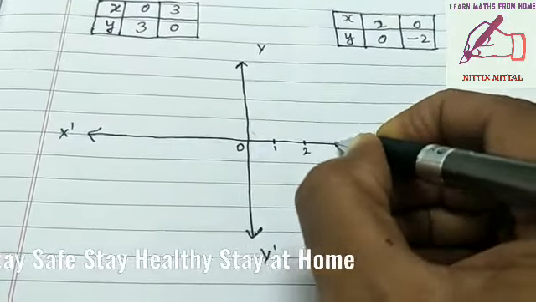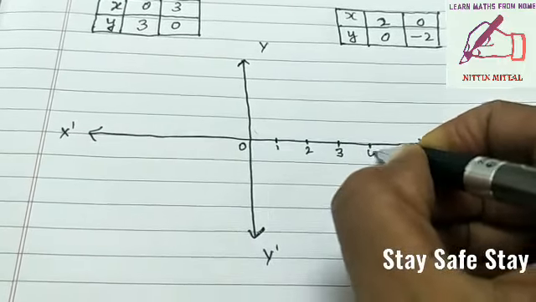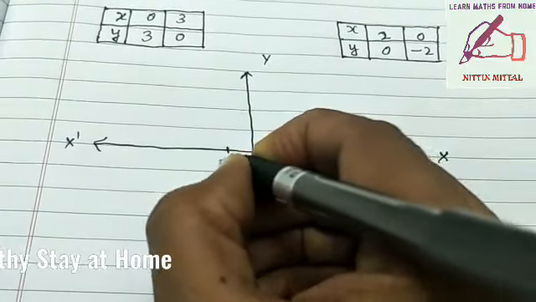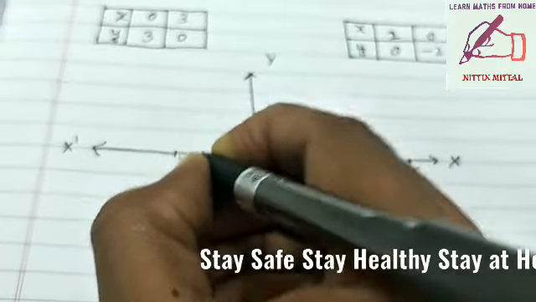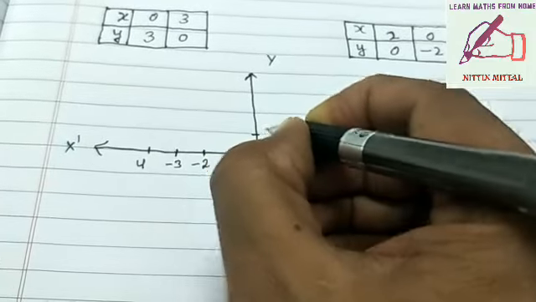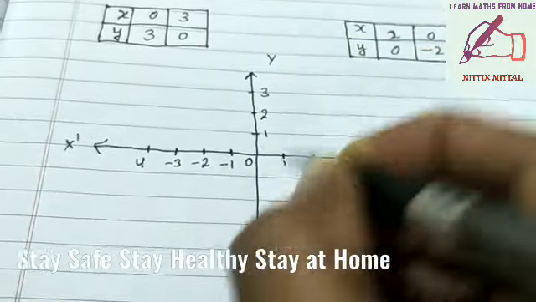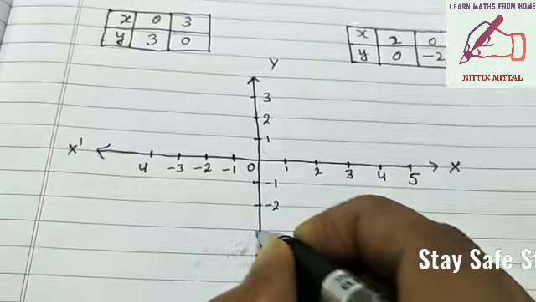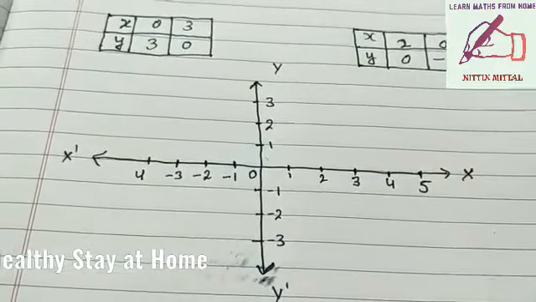Scale we will be taking normal general scale, one big division equal to 1. So let me draw the graph.